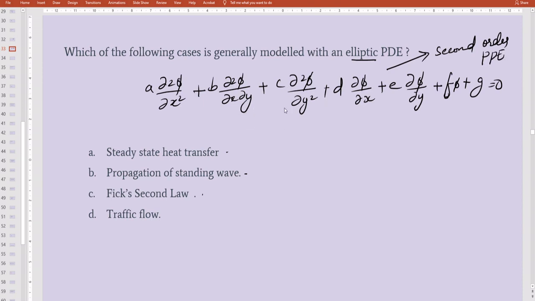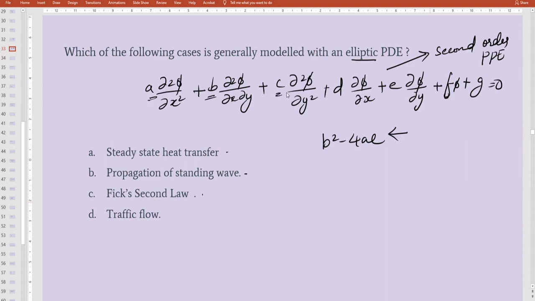It is the same way we solve quadratic equations: we also have to find the discriminant, that is b square minus 4ac in these cases, where a, b and c are the coefficients of the second order terms here.